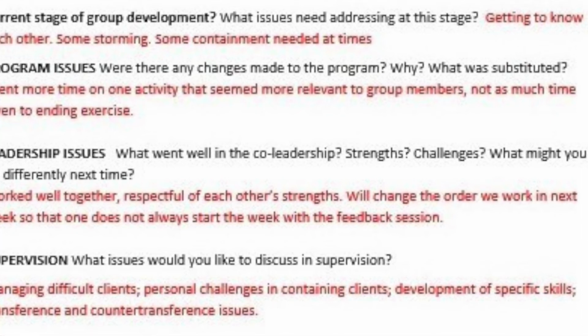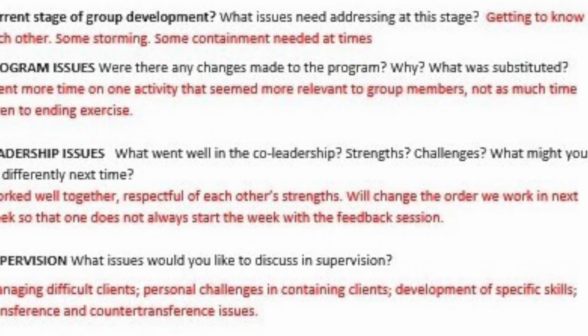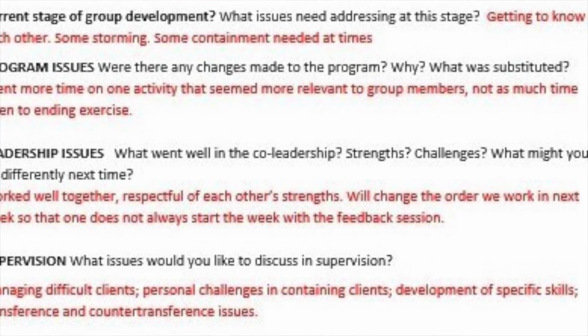Another very important aspect to our note-taking is taking advantage of how our co-leadership and leadership operated in the session.